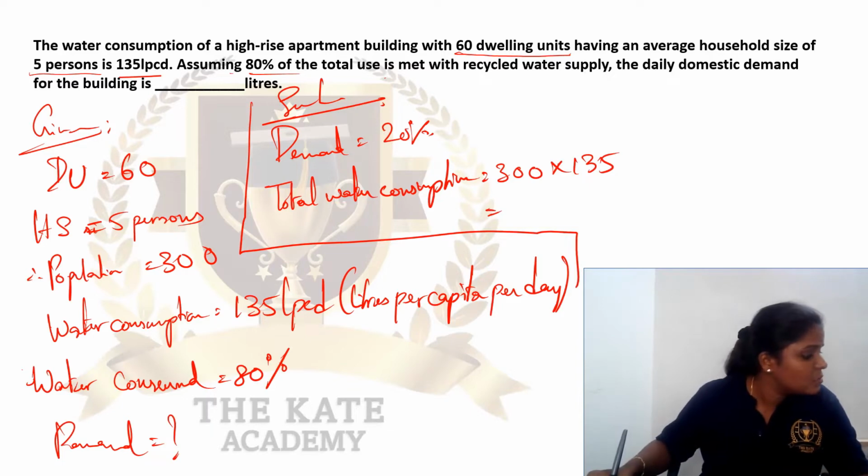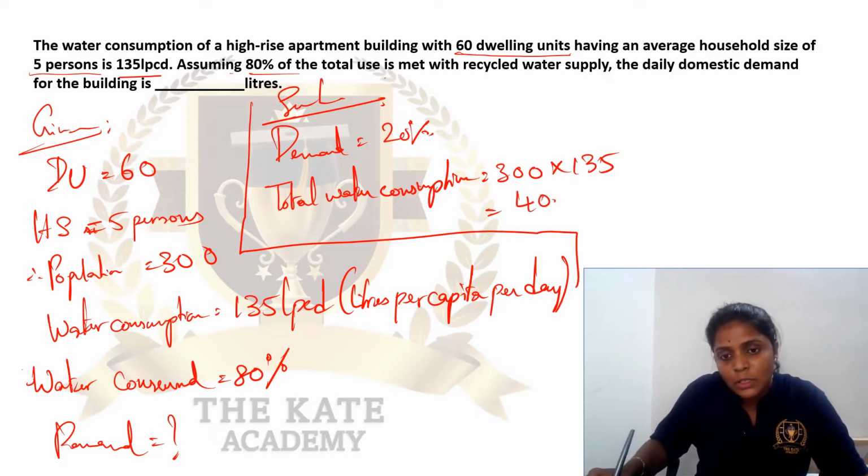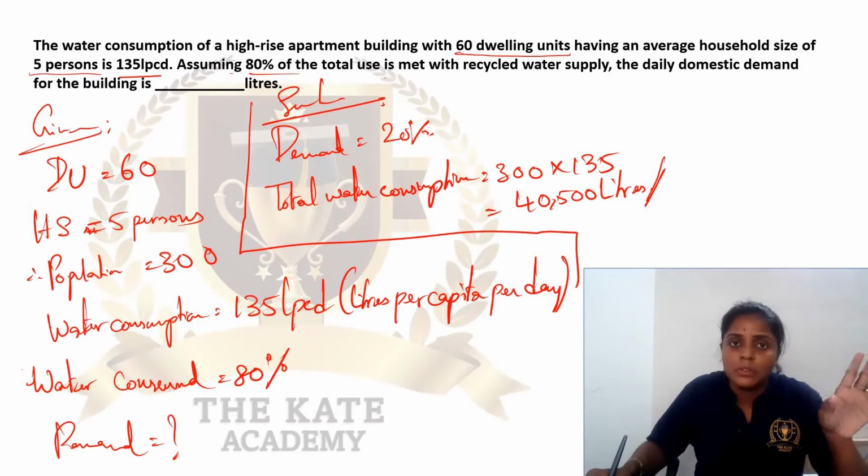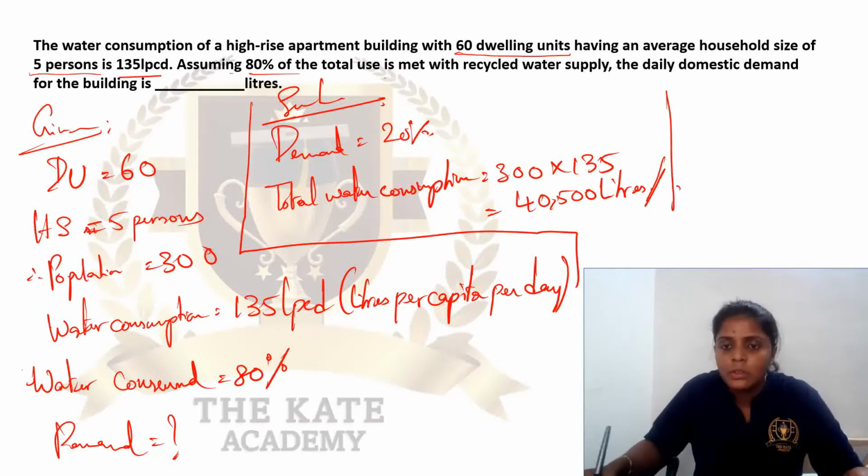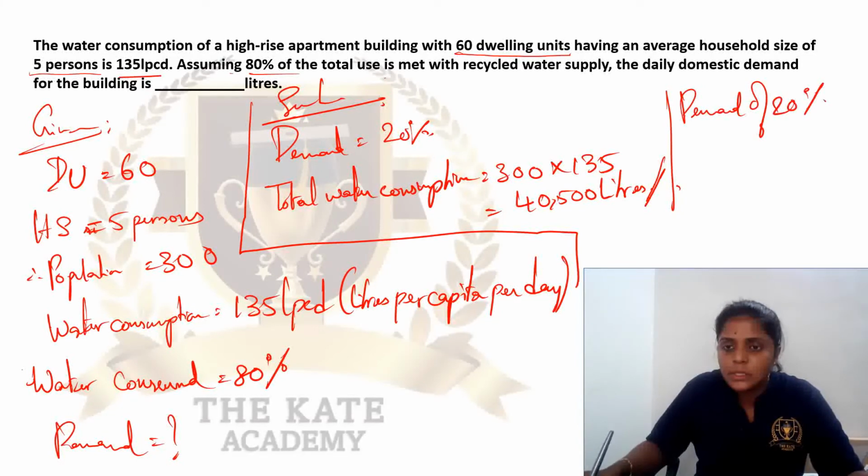So that gives you 40,500 liters. Out of this, 80% is already consumed. So the balance 20% is the demand. Okay. Now demand of 20% is equal to 0.2 into 40,500.